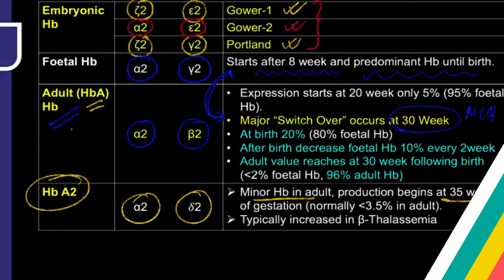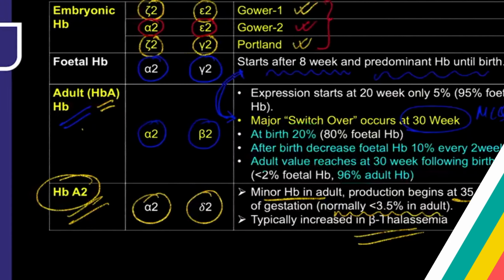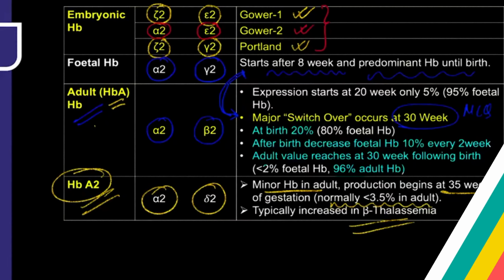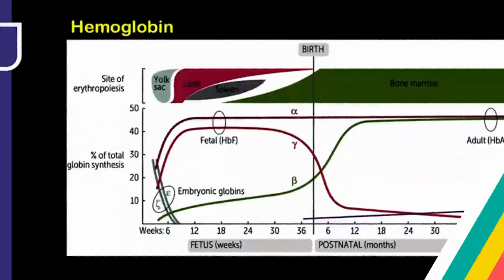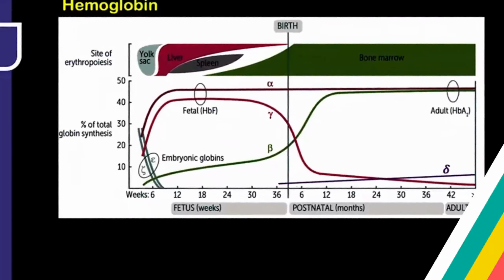Production begins at 35 weeks of gestation, and in adult blood the percentage is less than 3.5%. If this fraction of hemoglobin A2 is very high in blood, it indicates the person may be suffering from beta thalassemia, right?